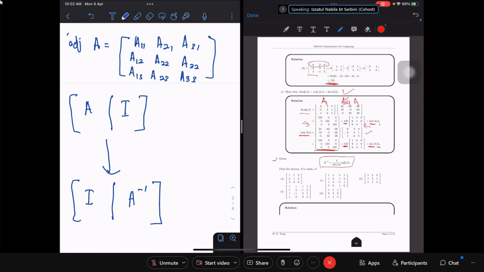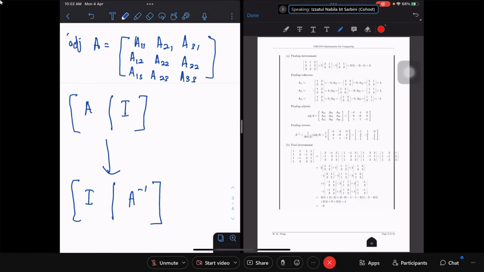So let's see question A. You want to find the determinant first, because A inverse is equal to 1 over determinant, right? So you need to calculate the determinant first, and then you need to find the adjoint A matrix. So you need to find the cofactors. You need to calculate all the cofactors A11, A12 until A33. Hopefully you know how to calculate this already. Then you write your adjoint.